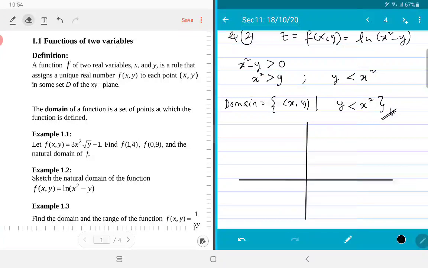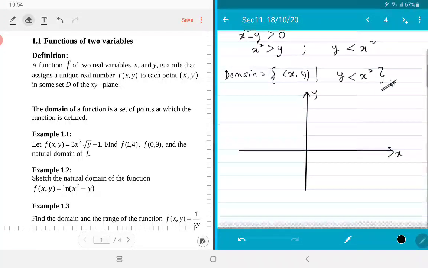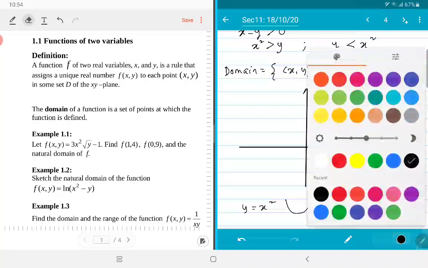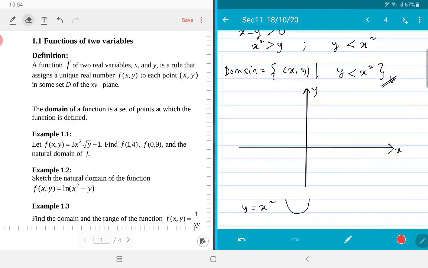To sketch y less than x squared, we have to sketch y equals x squared first. Y equals x squared, we know it's a parabola open upwards. So let's sketch that. I'm going to use pink. So we have this. This is y equals x squared.